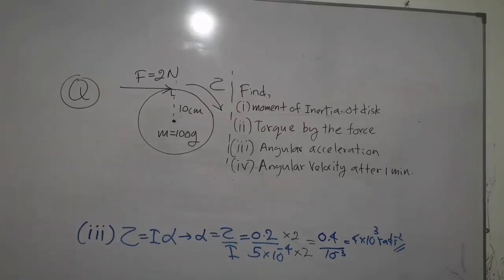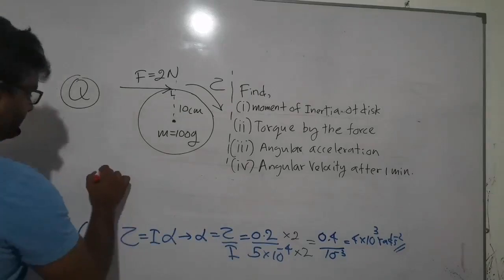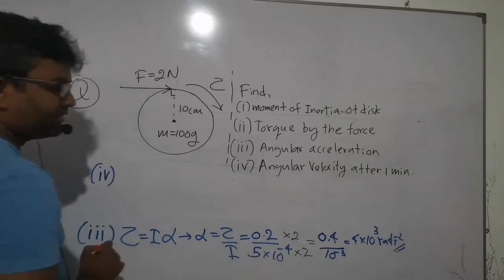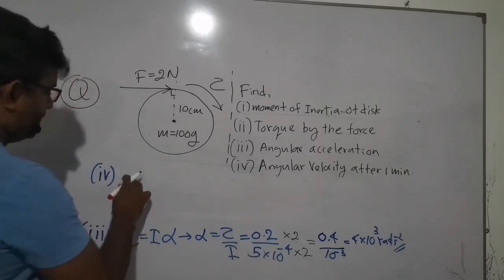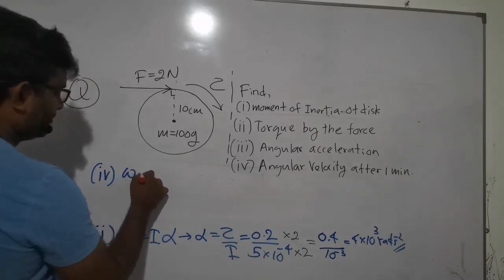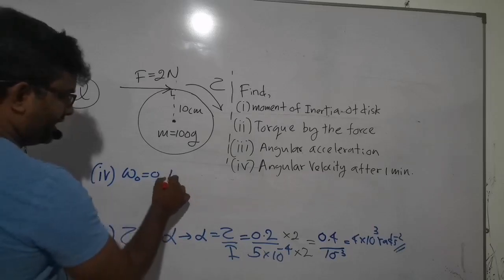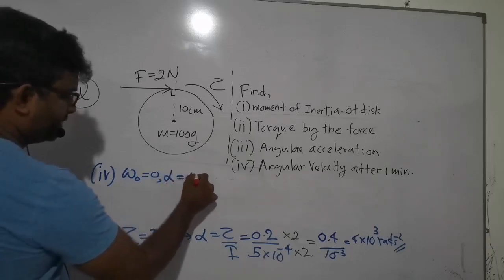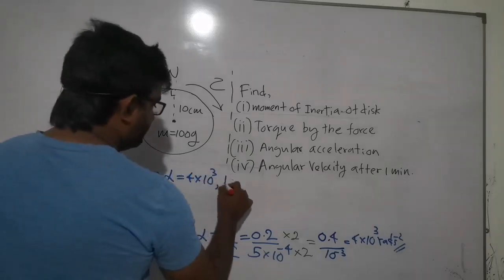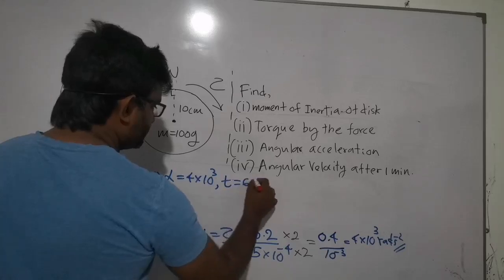So after that we need to find the angular velocity after 1 minute, right? Initially at rest, omega naught equals 0. Alpha we have calculated as 4 into 10 to the power 3. After 1 minute, t is equal to 60 seconds.